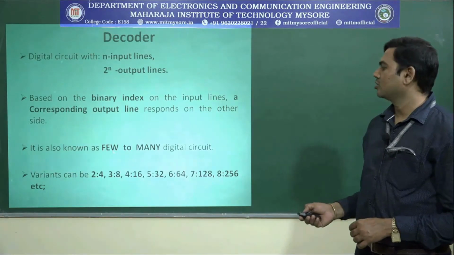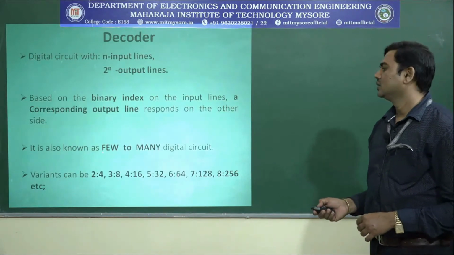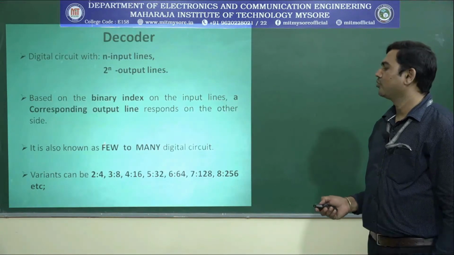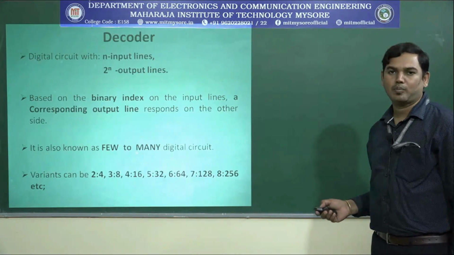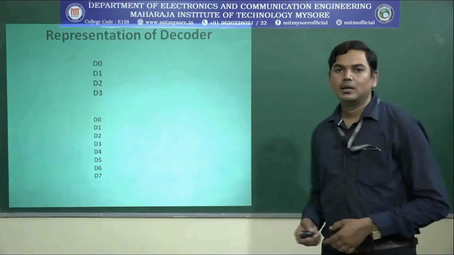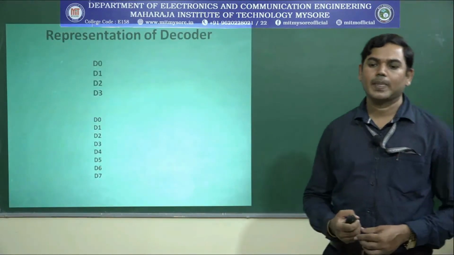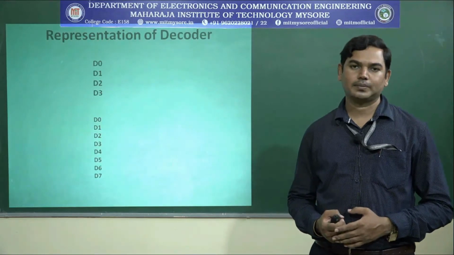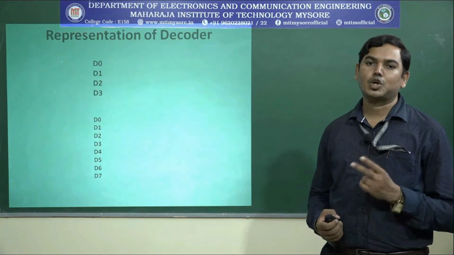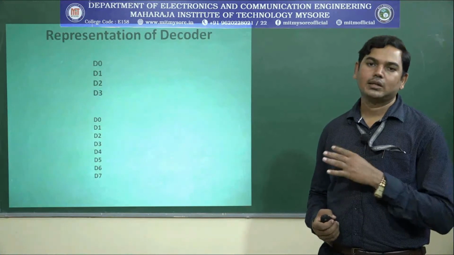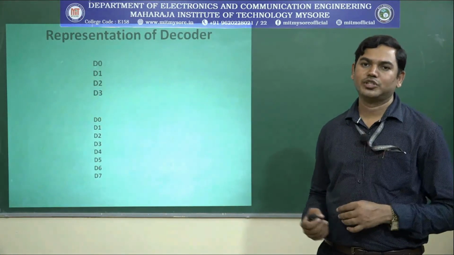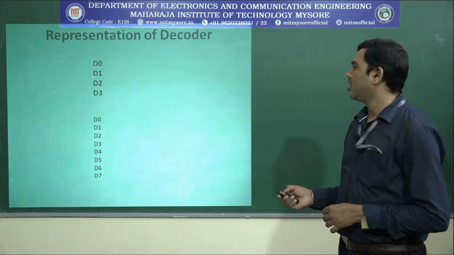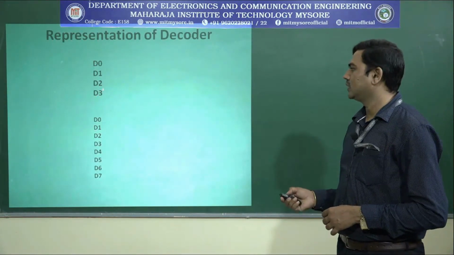So, a decoder can also be called few to many, a digital circuit with few input lines and many output lines. Let us consider a simple 2:4 line decoder, which means there are 2 inputs and 2 to the power 2 which is 4 output lines, D0, D1, D2, D3.